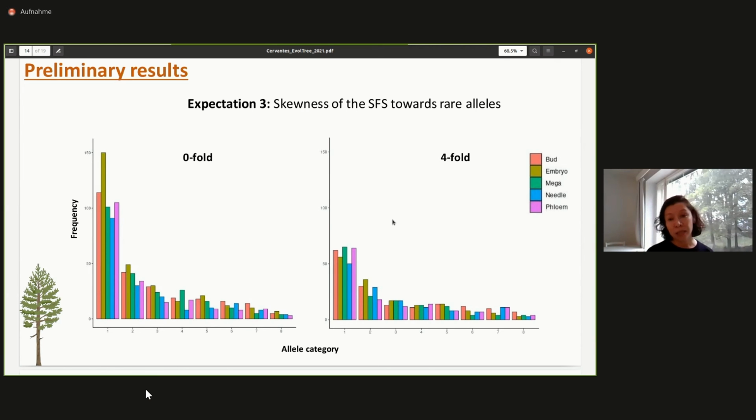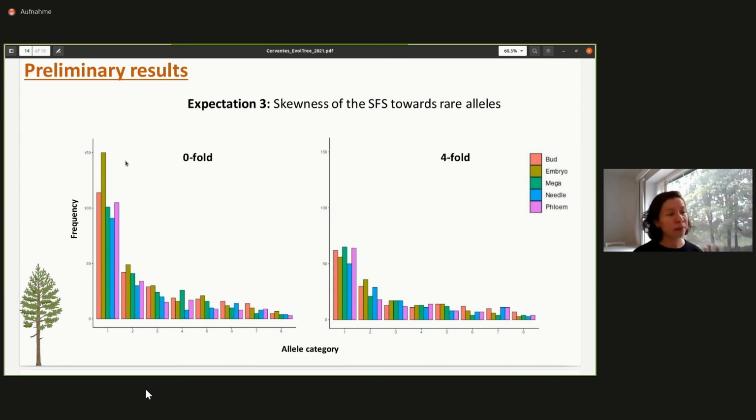The reason we were expecting this is that if selection is more efficient in the haploid stage, in the genes that are expressed in the haploid stage, we should not be able to see mid-frequency mutations hanging around the mid-frequency part, because the force of selection should push all of them to the low frequencies of the site frequency spectrum.